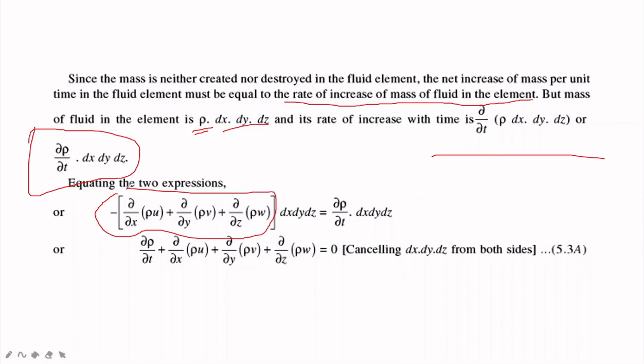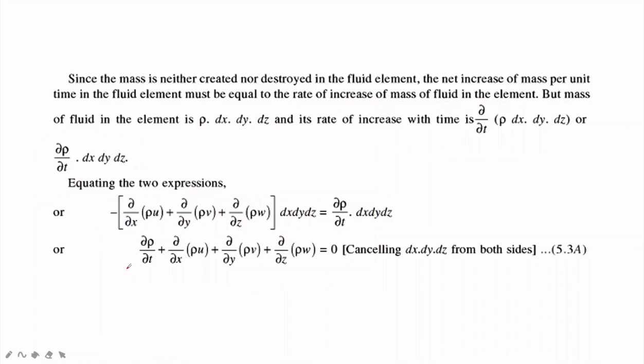When we equate it, dx dy dz cancels, and we get ∂ρ/∂t plus ∂(ρu)/∂x plus ∂(ρv)/∂y plus ∂(ρw)/∂z is equal to 0. This equation is the continuity equation in Cartesian coordinates.